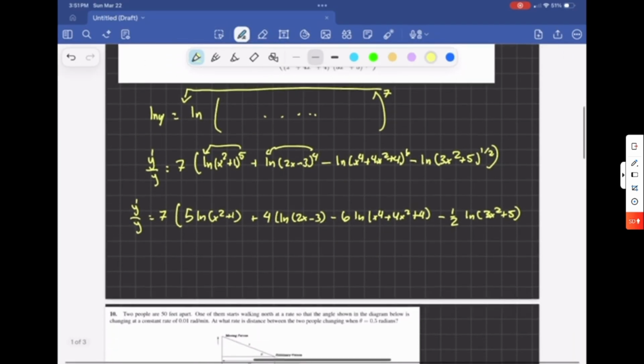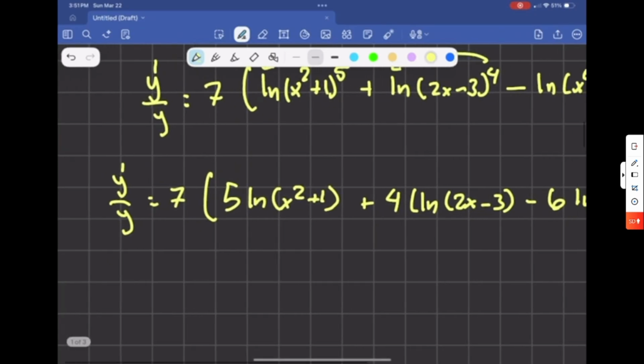Now I want to go ahead and differentiate all of these, which basically gives you y prime over y equals 7 times. These are all going to be ln u, and the derivative of ln u is u prime over u. So this is going to be your u. So you have to find the derivative of each inside and then divide it by itself.